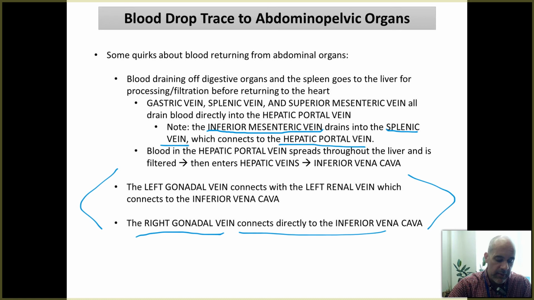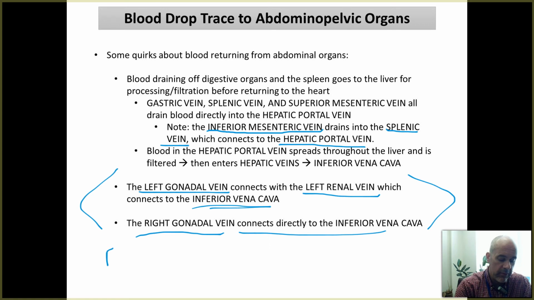The left gonadal vein, in contrast, actually connects to the left renal vein. So blood that's returning from the left kidney merges with this blood that's draining from the left gonad.